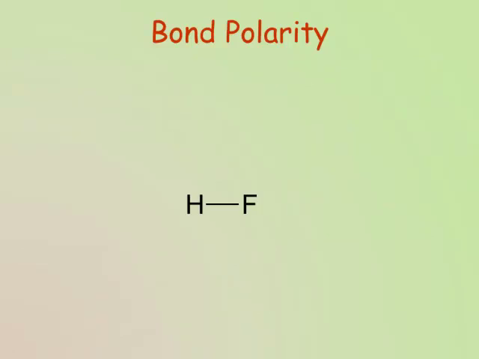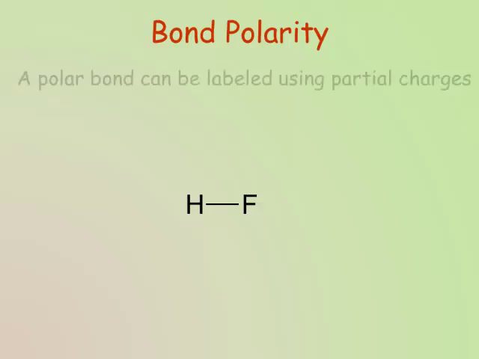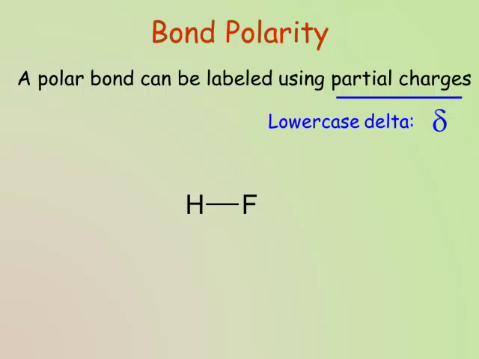There are two methods used for labeling the polarity of a bond. One method uses a lowercase delta to represent a partial charge on each end of the bond. A polar covalent bond isn't fully positive and negative the way ions are fully positive and fully negative, but a polar covalent bond does have a slightly positive and a slightly negative end.